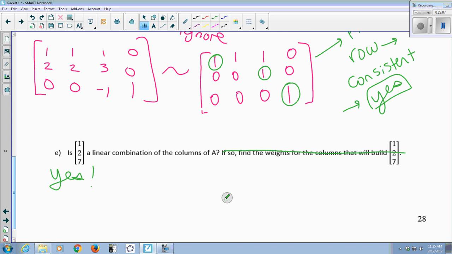Okay. If I did want to find the weights, what would I do? Yeah, you'd put A here, and then you'd augment with 1, 2, 7, and find the solution. So you'd find the weights. Yeah, it wouldn't be helpful because you can't just put 1, 2, 7 here.